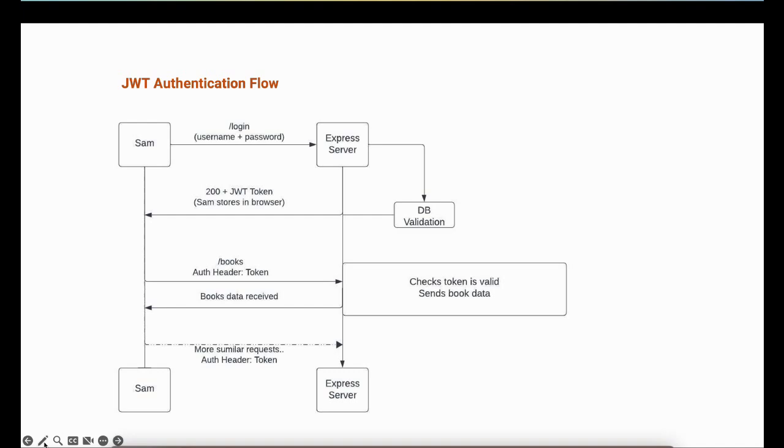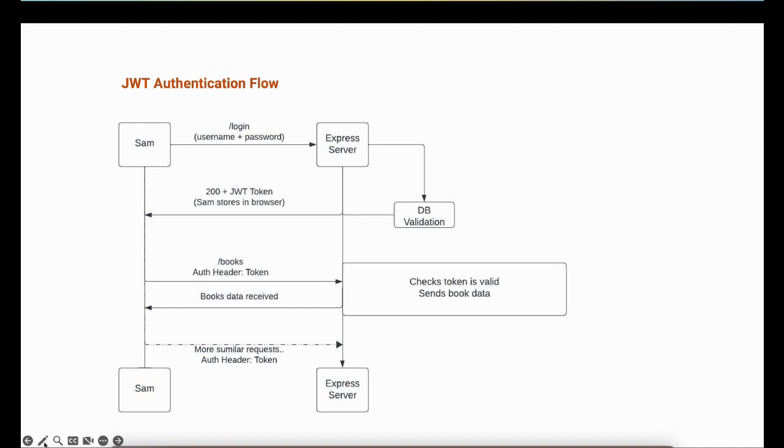And then if everything works well and the user has entered valid information, the Express API server will create a JWT, or JSON Web Token, which is an encrypted string, and then send it back to Sam. This token will be saved in Sam's browser, local storage or session storage, so that he can use it for subsequent API calls and authenticate himself.